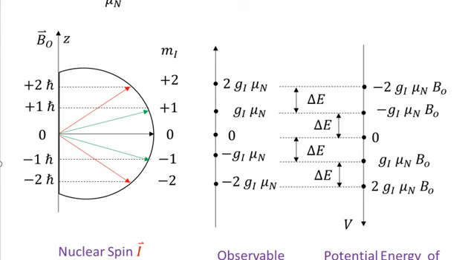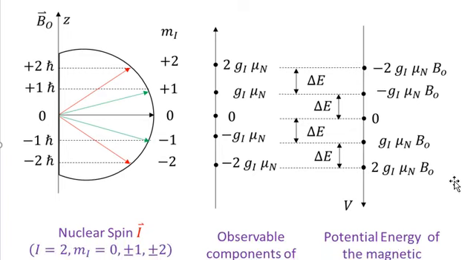And you see that on the figure on the left hand side, I have shown delta E, that is the separation between two consecutive levels. I have shown actually four values of delta E, which is the energy separation between these five levels.